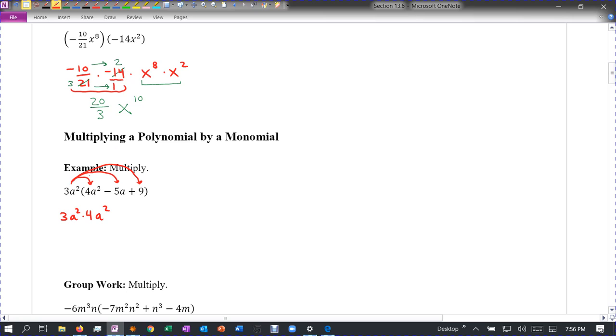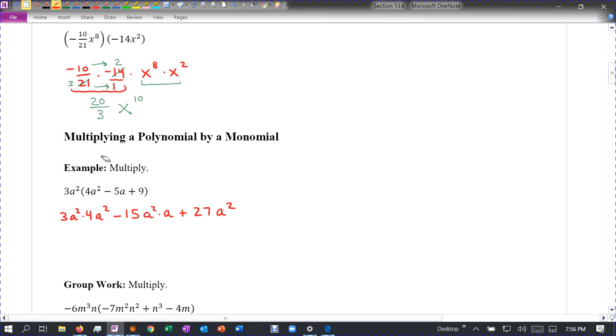Okay, and then when we do the next multiplication, it'll be here times here. So I'm going to say 3 times negative 5, that's going to give me negative 15. And then I still have that a squared times the a. And then I'm going to multiply this times this. So I should get plus 3 times 9 is 27, and then I have a squared there.